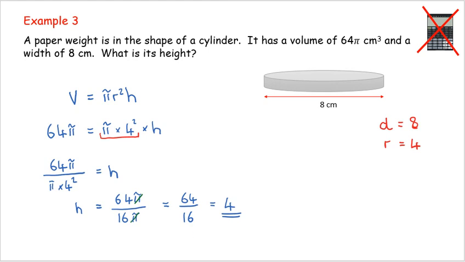And you could cancel the fraction down if you can't see that straight away. Divide top and bottom by any number you know they both divide by, so you could half top and bottom, then half it again and so on, but you should get down to 4. So we end up with 4 centimetres. So that would be the height. So you can see our diagram's a wee bit off, but our maths tells us that that is correct.